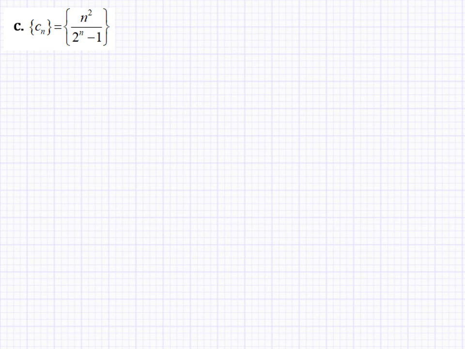All right, here's another one. Again, get an idea just by looking at the first couple of terms, and then you can move on from there. When n equals 1, I get 1 over 2 to the first minus 1, so that would be 1. When n equals 2, I get 4 over 2 to the second, which is 4, minus 1 is 3. So right now these got bigger.